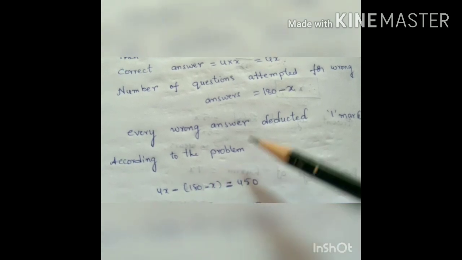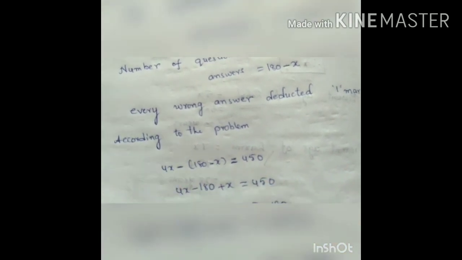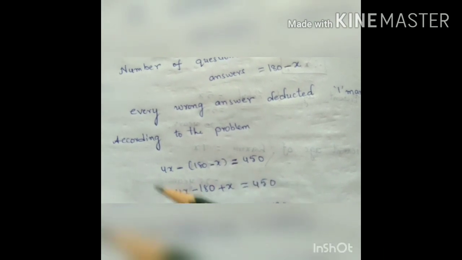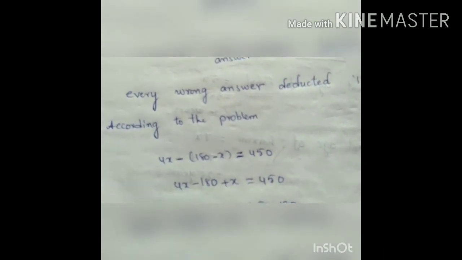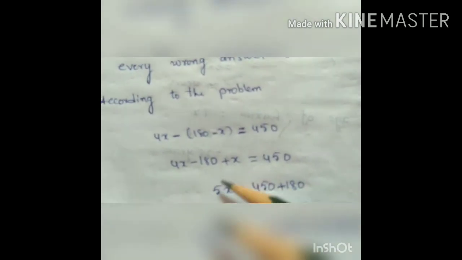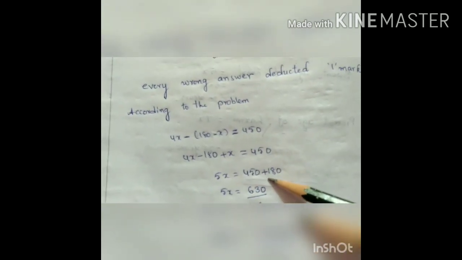According to the problem, 4x minus (180 minus x) equals 450. So 4x minus 180, and minus into minus gives plus x, equals 450. So 5x equals 450 plus 180.